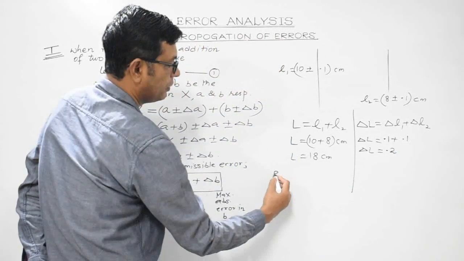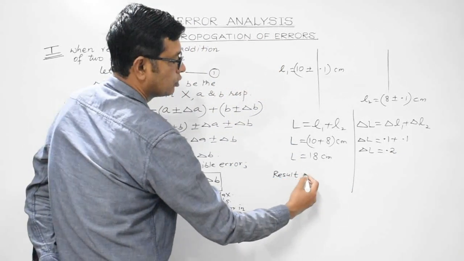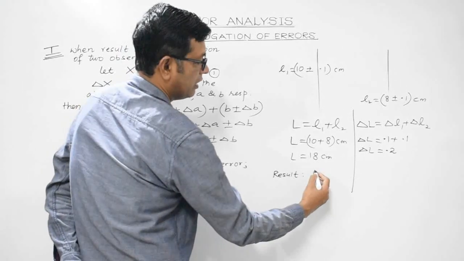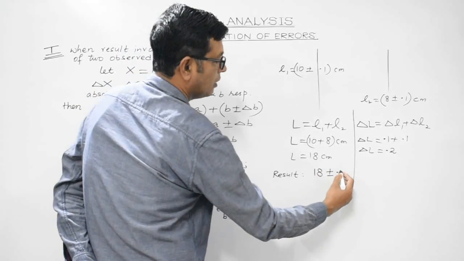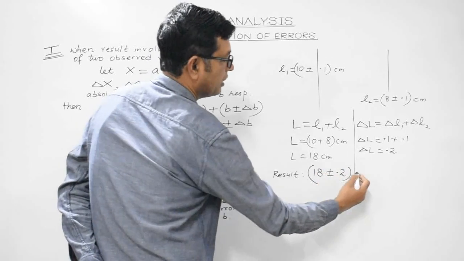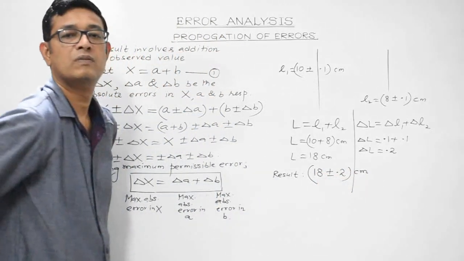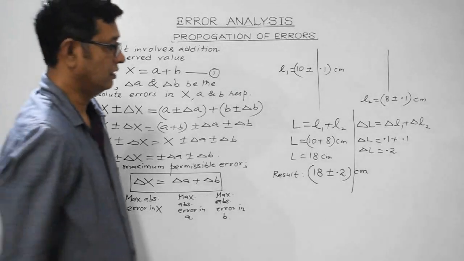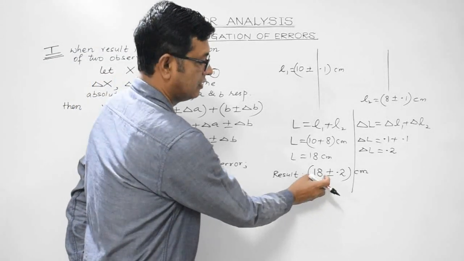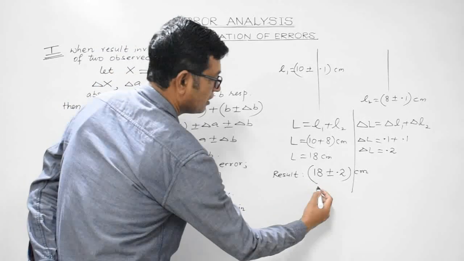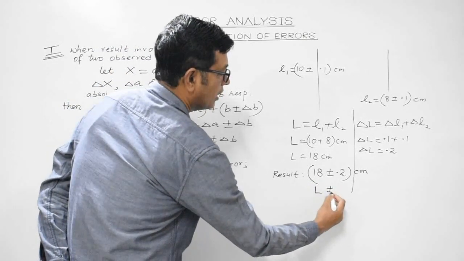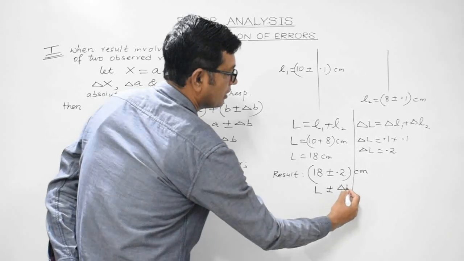So the result in terms of absolute error will be L, that is 18, plus minus del L, that is 0.2, in centimeters. Clear? This is the correct way of writing the result in terms of absolute error. This is L, the true value, and this is the absolute error, del L.